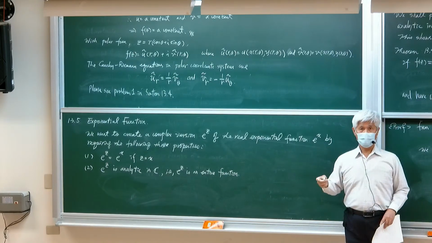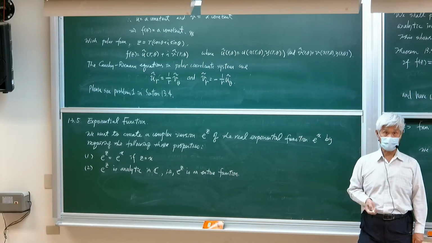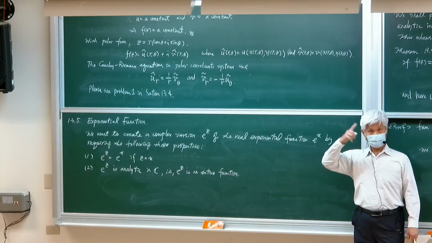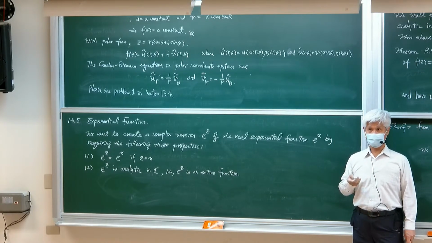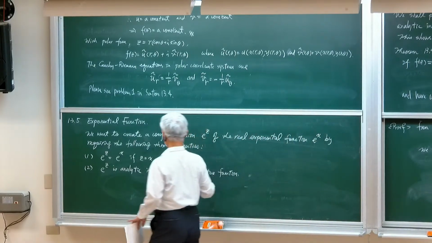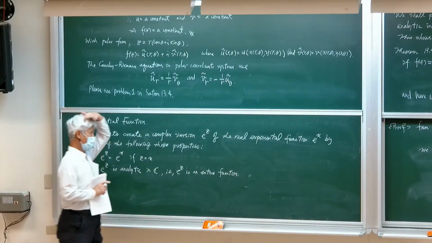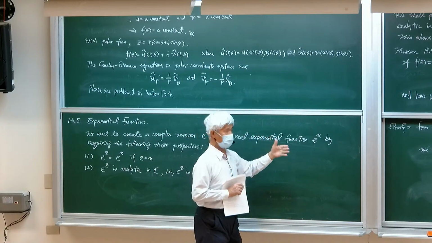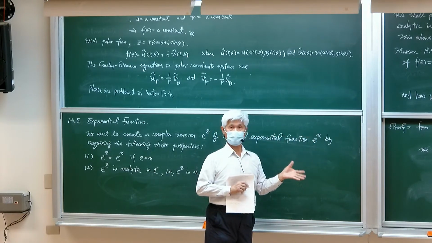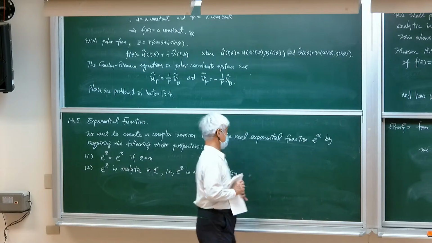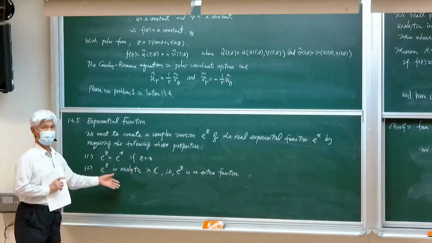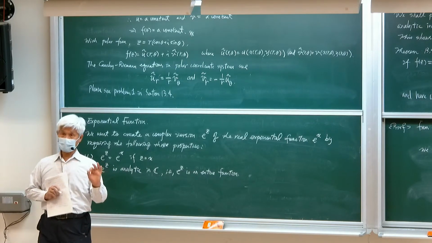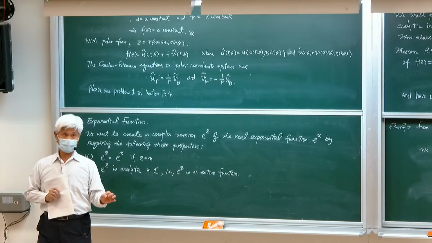It has a derivative of any order, and the derivative of e^x is itself. So the exponential function is differentiable at every real point x. So we require that E(z) is analytic, meaning this complex function should be differentiable at every point in the complex plane.